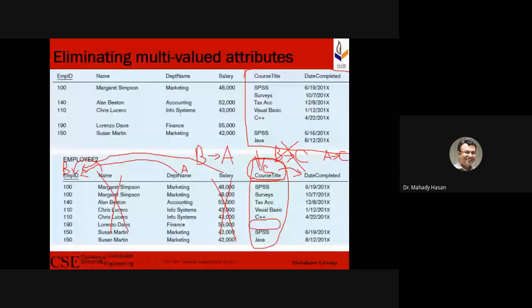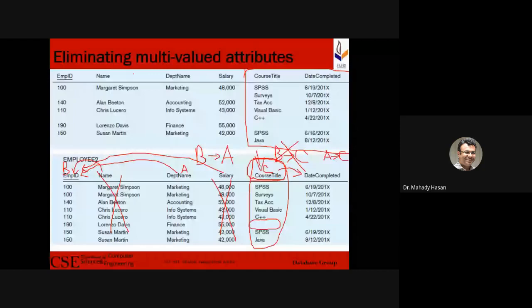There is no problem. And definitely we are getting rid of these, but we have to take them somewhere else. So when we take them somewhere else, it was mentioned, make employee ID and course title as the primary key. Okay. Make sense?